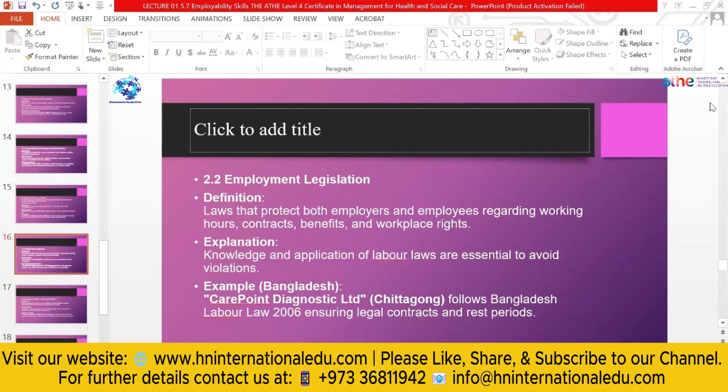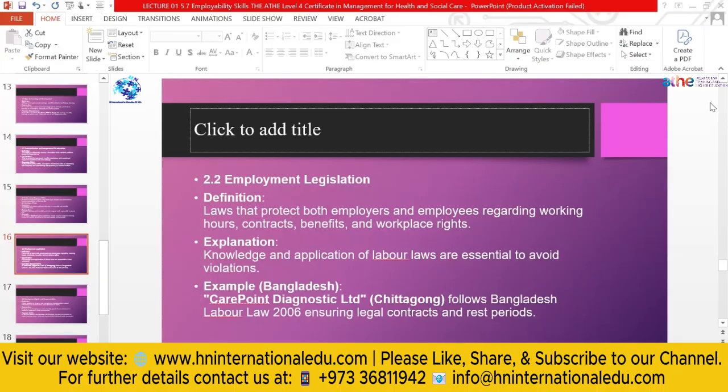For example, the Care Point Diagnostic Limited in Chittagong follows the Bangladesh Labor Law 2006, ensuring legal contracts and rest periods. In any state of Bangladesh, even a district, an area, or a properly developed city, every country has policies and laws. You can even see it by yourself.